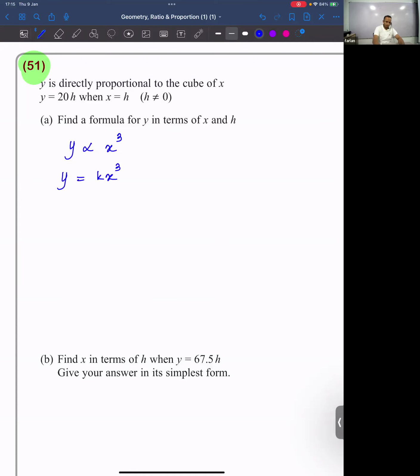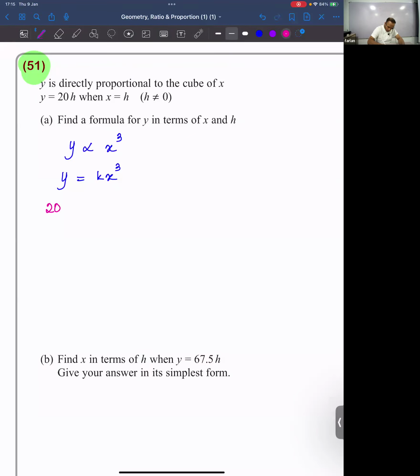To find the k, we have been told y is 20h when x is h. So I'll substitute that. 20h equals k into x is h, which is h cube. So from here we can get the k subjected, which is 20h over h cube.